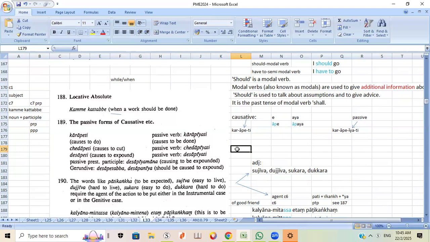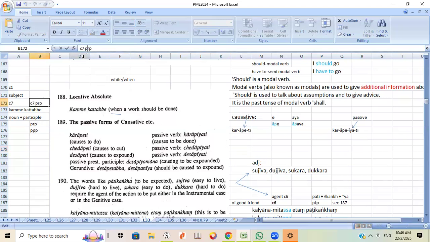Brother Alfred. Yes, I can hear you. Okay, thank you. This one should be this kame katabe. Underline 172. You put the C7 PRP. So it should be PTP, right? That is a rule. There I put a PRT also can.